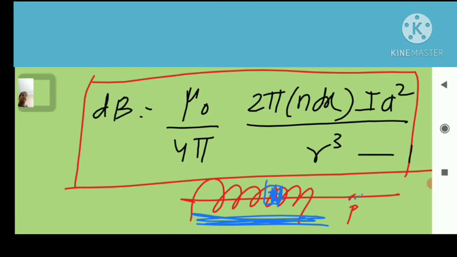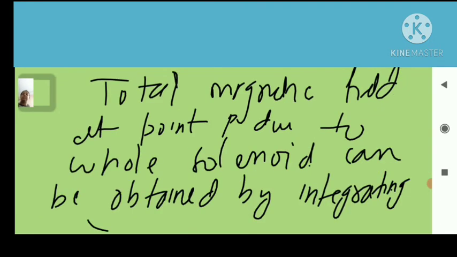We take equation number 1, so we integrate this equation. So the total magnetic field at point P due to the whole solenoid can be obtained by integrating equation number 1.